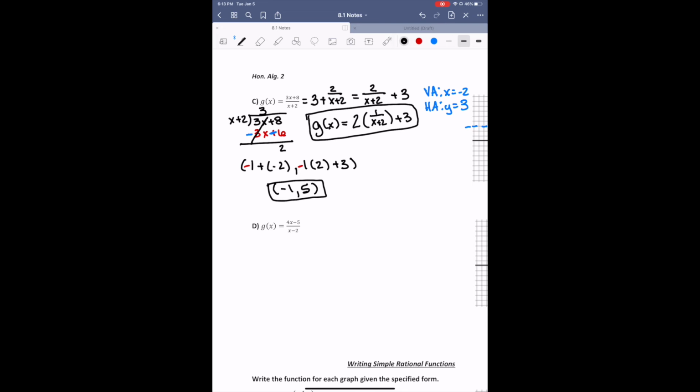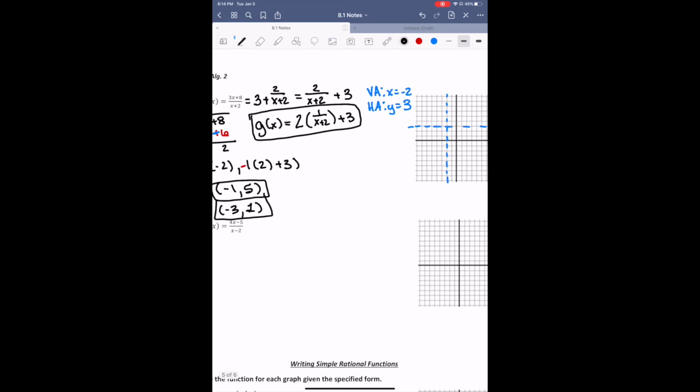Second reference point, change it to -1 instead of +1. -1 plus -2 gives us -3. -1 times 2 plus 3 gives us +1. And there's our second reference point. Graph those 2 points, -1, +5, and -3, 1.